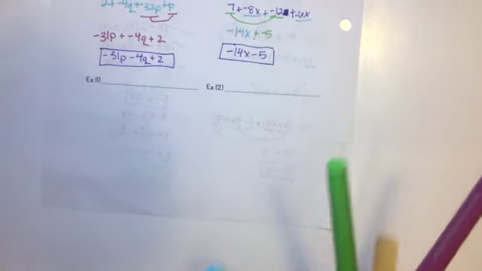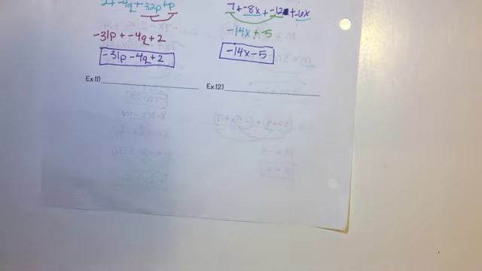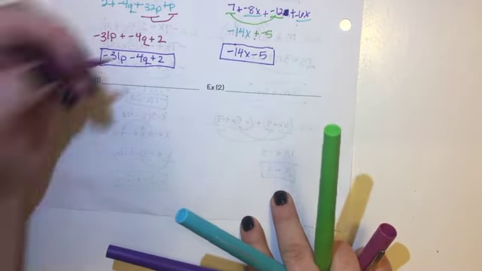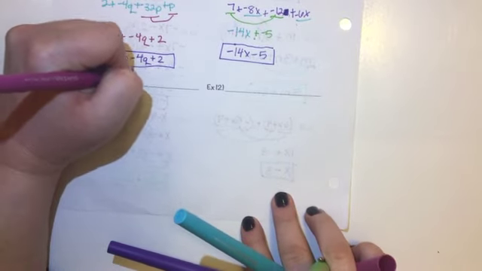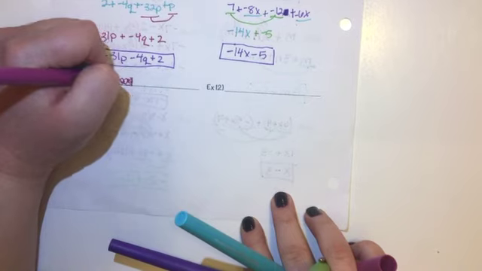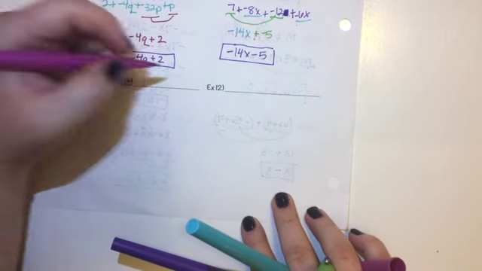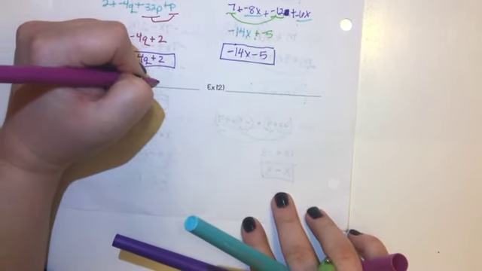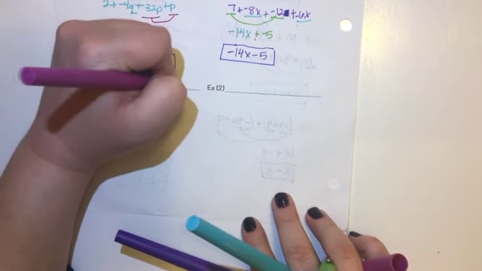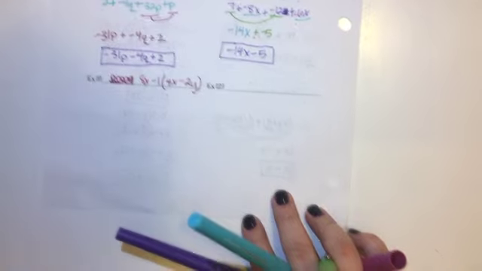All right, moving on. Example number 11. Oh, I'm using the wrong one. My apologies. Number 11, we're going to have 8x minus 1 times the quantity 4x minus 2y.